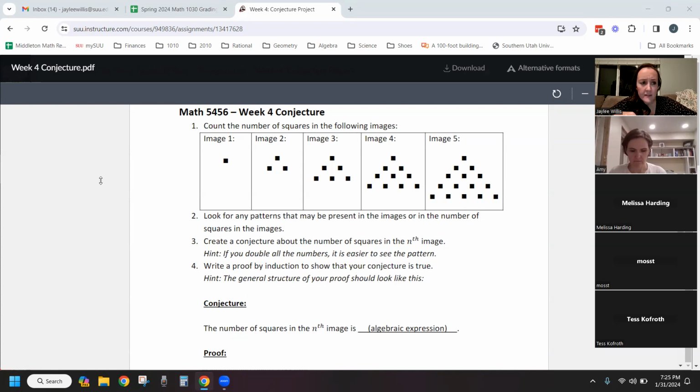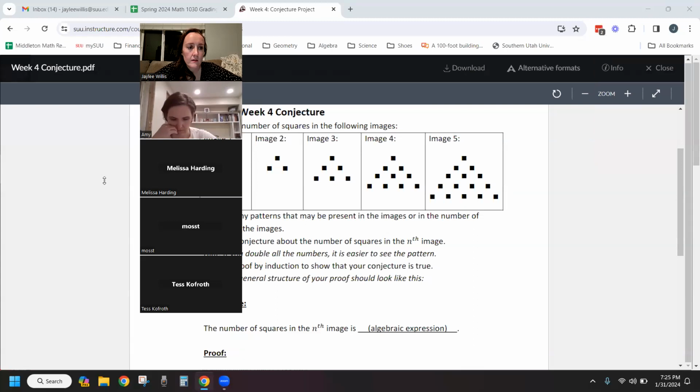I think it was Tess. Did you have one for the conjecture? N times n plus 1 over 2. Okay, let's try that out. This is the prediction, and I should have written it as f of n equals that.